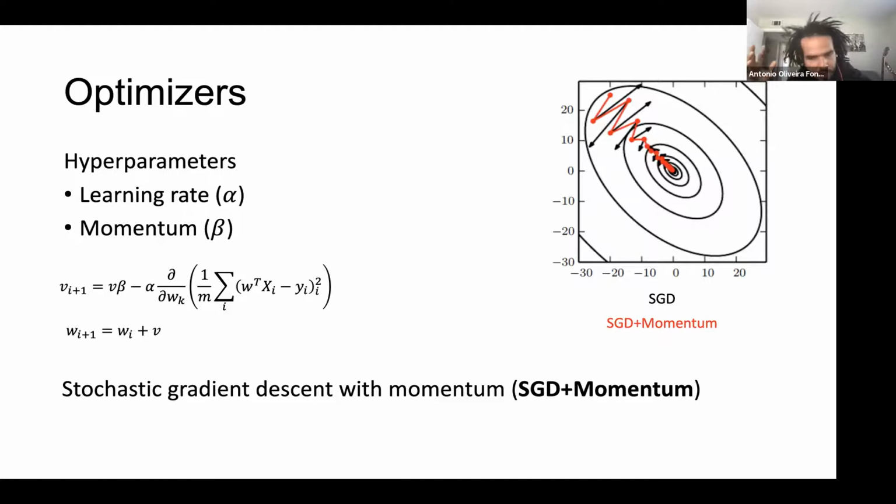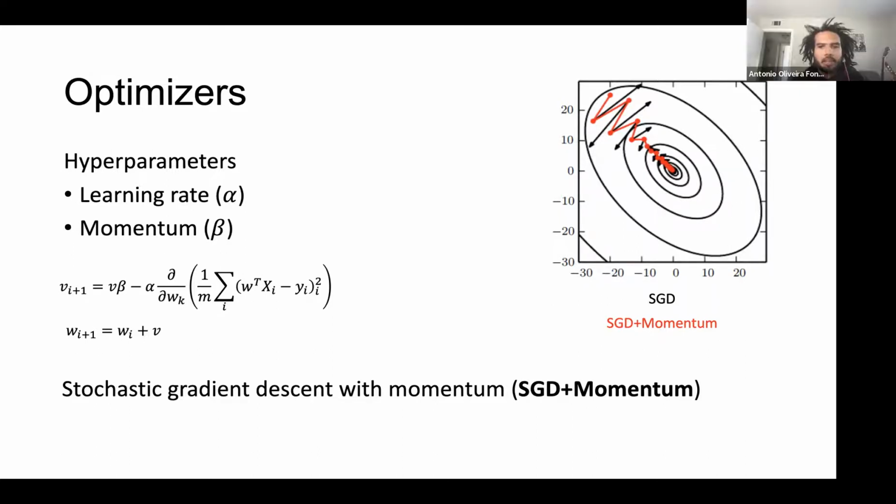So let's have an intuition here. If the momentum is pretty big, what would be the consequence of that? First, if the momentum is zero, how big would the oscillation be? Would it be bigger than the red line or smaller? If you don't have momentum, it will be like the black line.